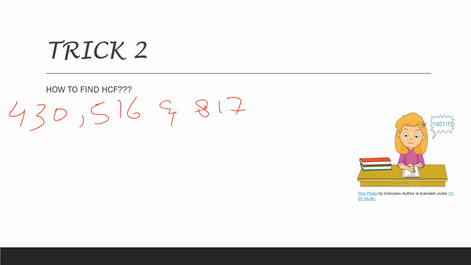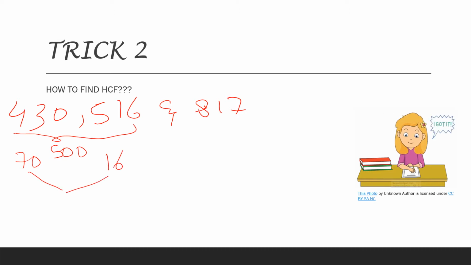Now looking at these numbers, take the closest numbers, which are very near to each other. As we see in our example, it is 430 and 516. Now find the difference between these two numbers. The nearest round number to both of them is 500, and 500 minus 430 is 70, and 500 minus 516 is minus 16.